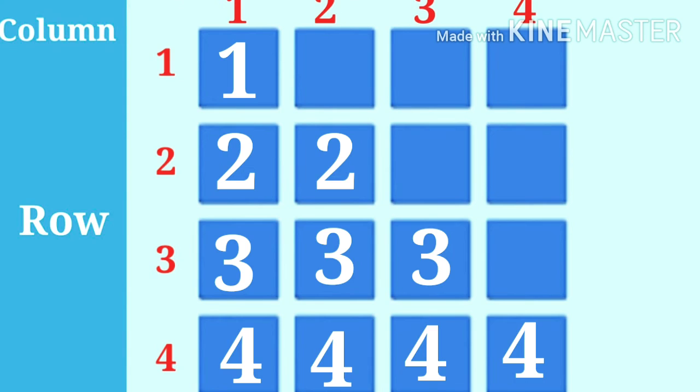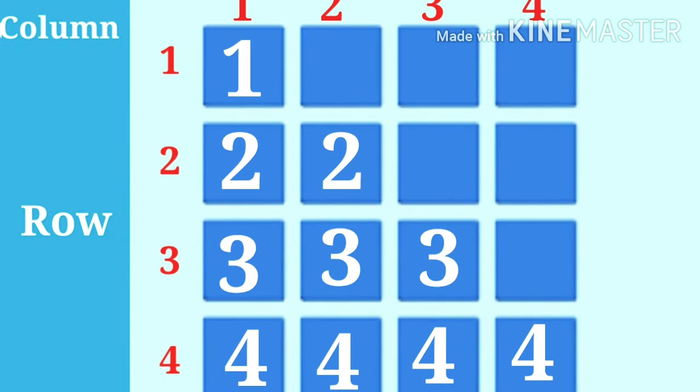So let's start another program. In this program, when the row is 1 and the column is 1, we have to print the row value 1. When the row is 2, you have to print the row value in column 1 and column 2. When the row is 3, we have to print 3 three times, in column 1, column 2 and column 3.